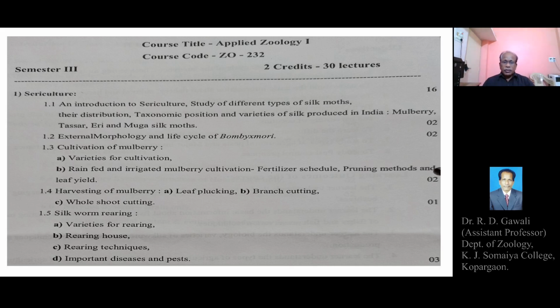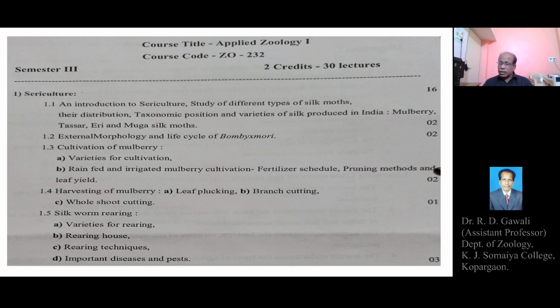This year we are going to study three papers in first semester. Paper 1, Zoology paper 1 with section 1, namely Animal Diversity third, and the course code is ZO231.